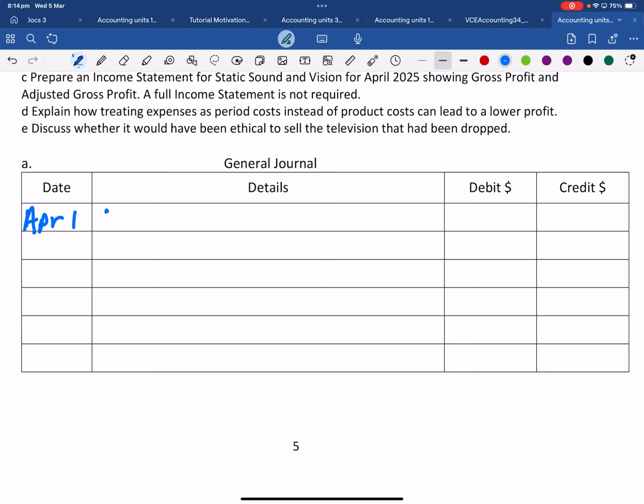Sorry, don't write here, debit. Inventory. How much? 9,300. Good. Again you debit? Now before that? Right. Freight.